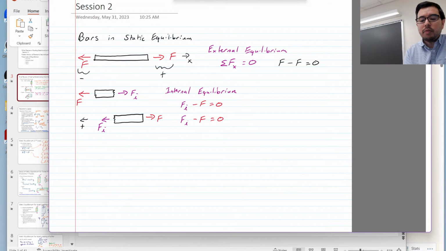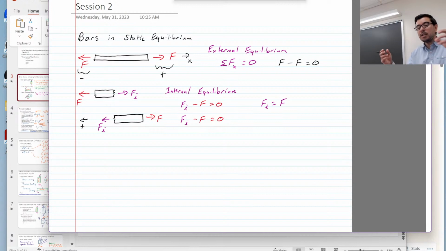So of course we've got that Fi is equal to F in both of these situations. If Fi is greater than 0, what do we call that? Tension or compression? Tension, right?